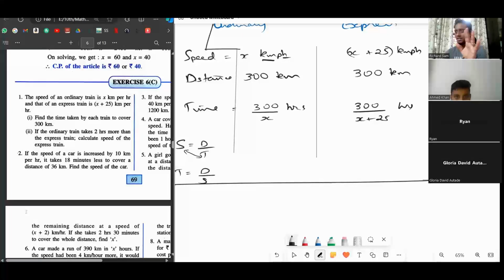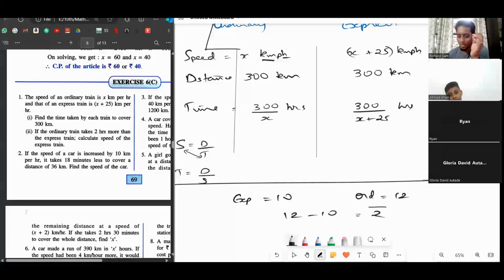Just imagine if the express train takes 10 hours, then the ordinary train will take how many hours? 12 hours. Correct? You understood this? So what is 12 minus 10? 2. Make an equation like this. Using this, 12 minus 10 is equal to 2.